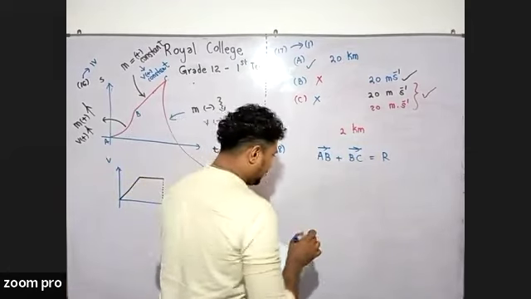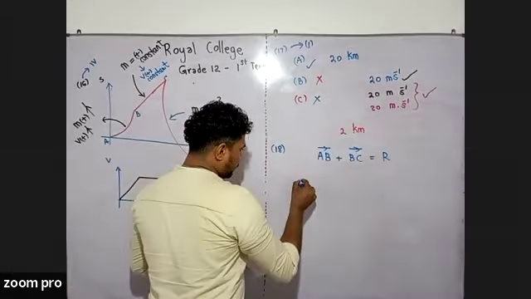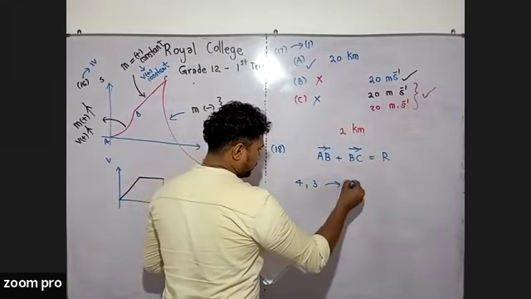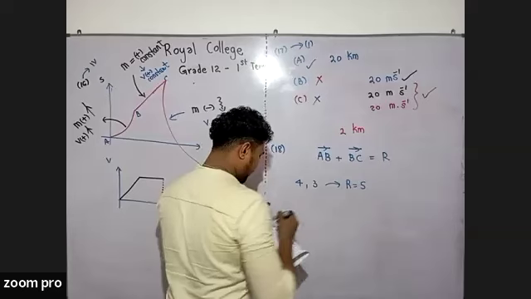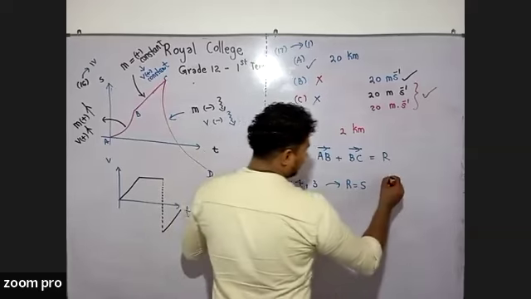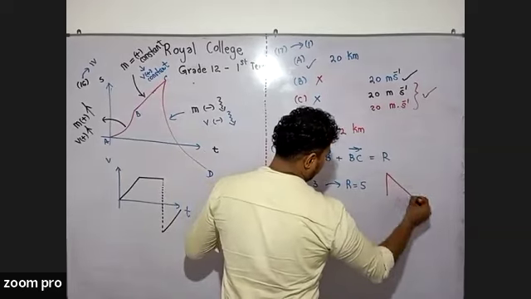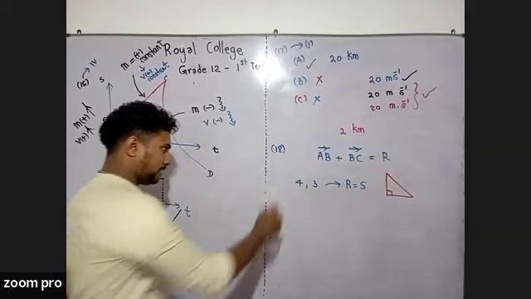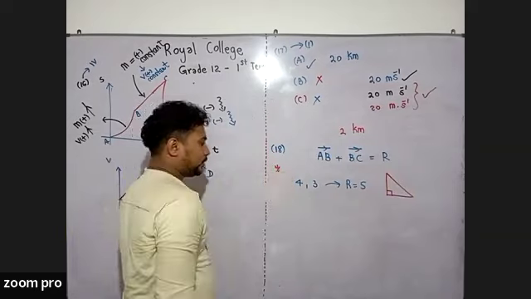Guys, keep in mind that if there are two forces of 4 and 3, the resultant obviously should be 5, and the triangle should be a right angle triangle. This is one thing that you need to know.